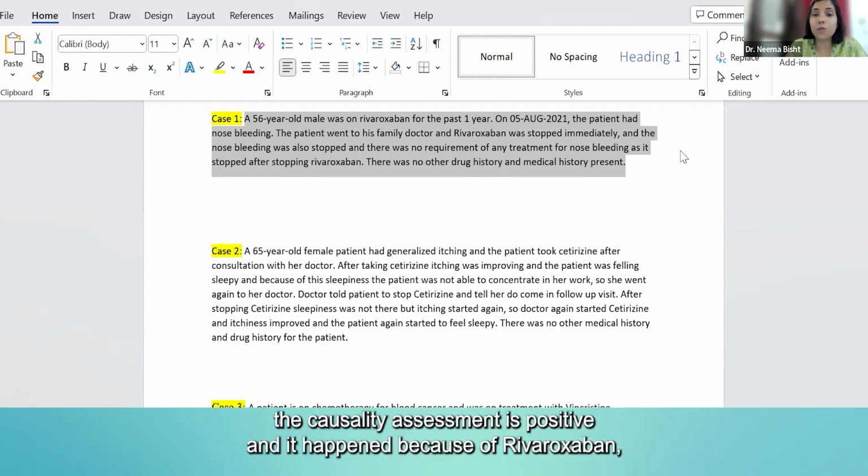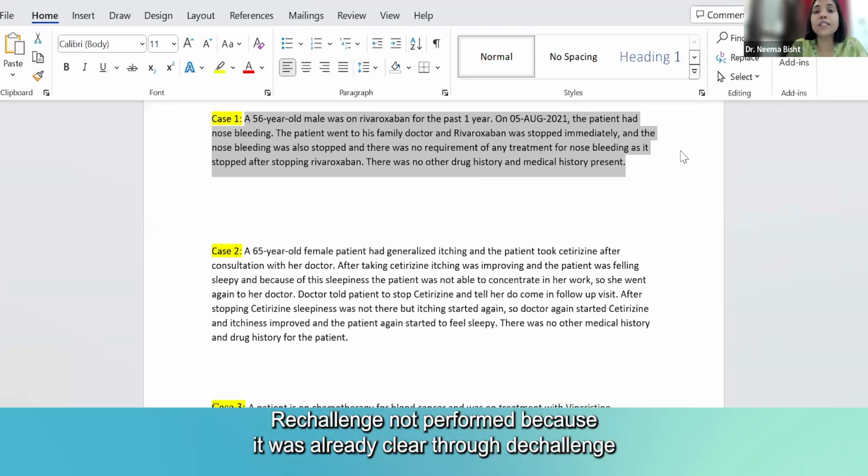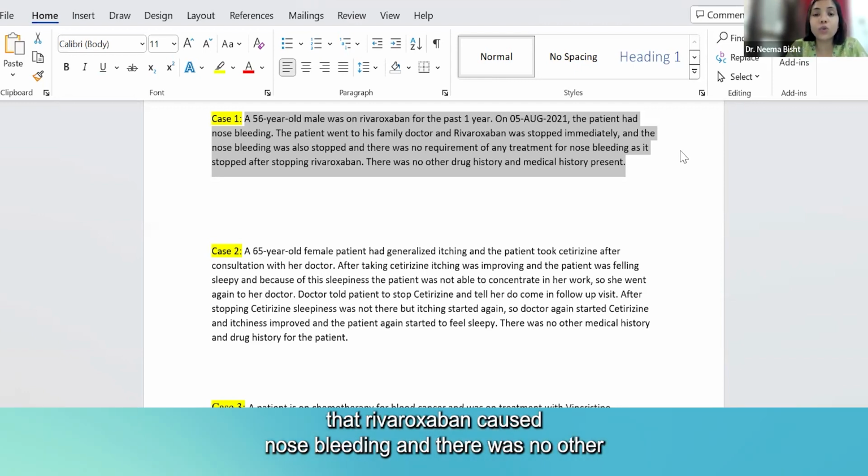So the causality assessment is positive and it happened because of the suspected drug, rivaroxaban. Suspected event, nose bleeding. Dechallenge positive. Rechallenge not performed, because it was already clear through the Dechallenge that rivaroxaban caused the nose bleeding.